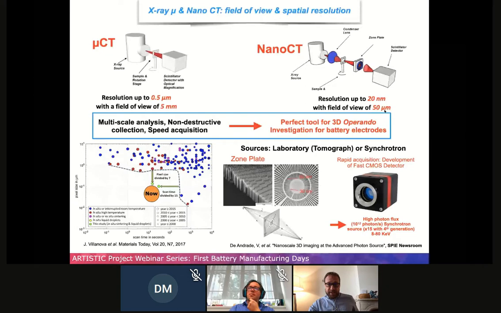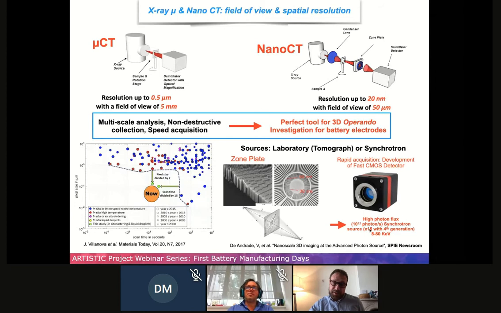And this has become real because in the last 20 years there has been a huge development around the zone plate, which is basically a kind of lens for X-rays, able to bring the X-rays to a clear point of focalization. And then also a huge development around the camera, with rapid acquisition and specific detectors.